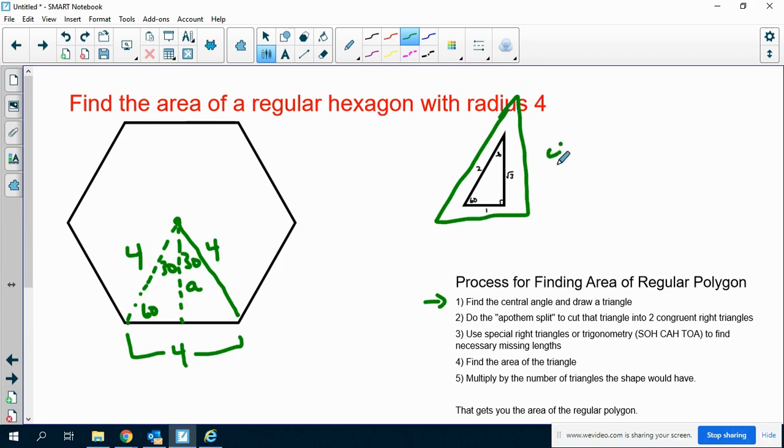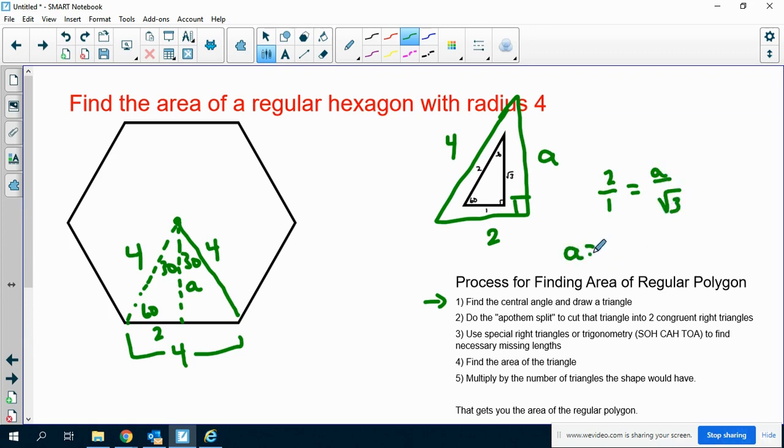So this is 4. I'm sorry, that's not 4. This is A. This is 4. And I know this is 2 because this is half the length of this. So if I want to find A, I can do 2 over 1 or 4 over 2, either one, equals A over root 3.